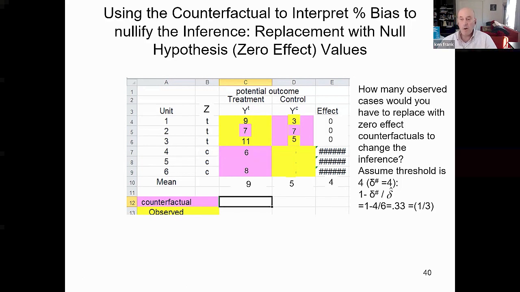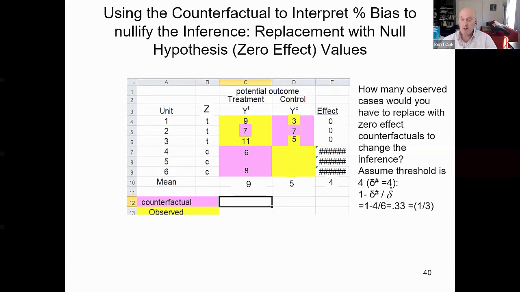If we're using 4 as a threshold for inference, just sort of arbitrarily defined, we can now say we'd have to replace a third of the cases with counterfactual cases for which there's no treatment effect to nullify the inference. That's all assuming a threshold of 4. We can work with any threshold, and the original estimate is 6. And we've replaced a third of the cases.